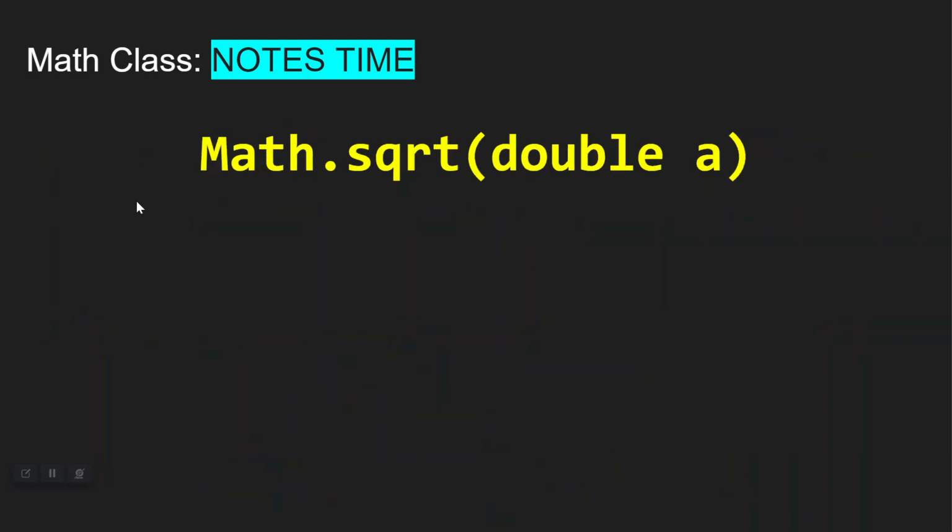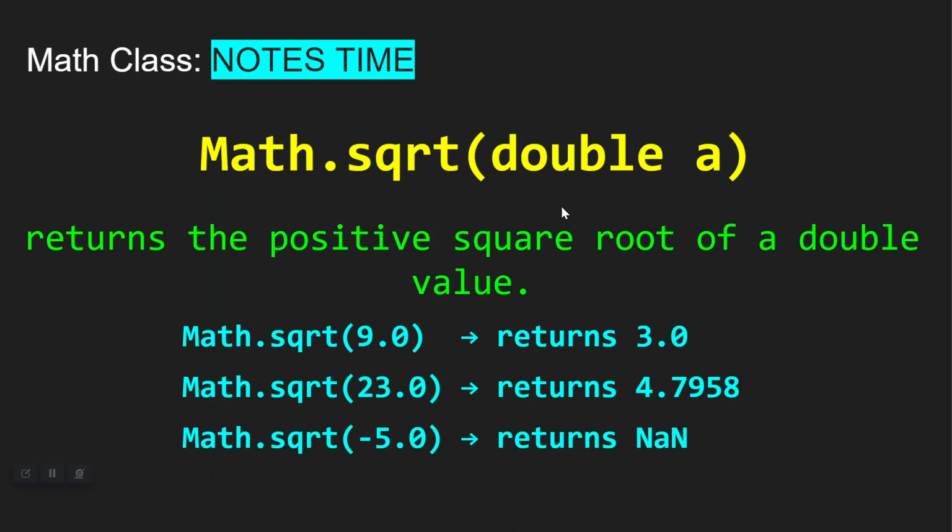Then we have Math.sqrt, or as some people say, Math.squirt. This one takes a double as its parameter, and it's going to return the positive square root of any double value that you pass in. So Math.sqrt of 9.0 is going to return 3.0, and Math.sqrt of 23.0 is going to return 4.7958.